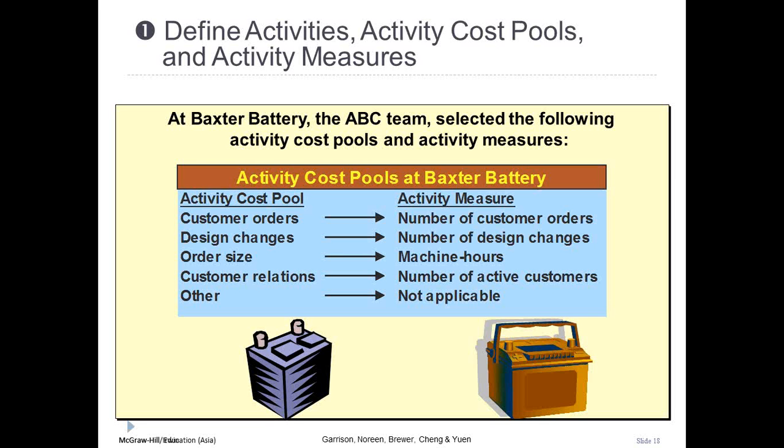Baxter Battery selected the following 5 activity cost pools and corresponding activity measures. You can see them there. Customer orders, design changes, order size, customer relations, and other. Those are the 5 activity cost pools. And then the measures are number of customer orders, number of design changes, machine hours, number of active customers. Other is not applicable.